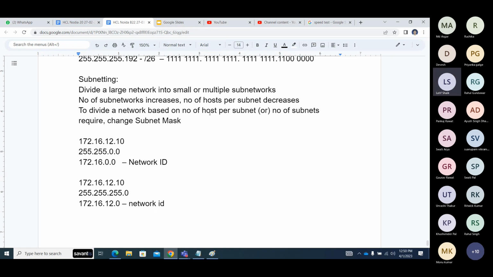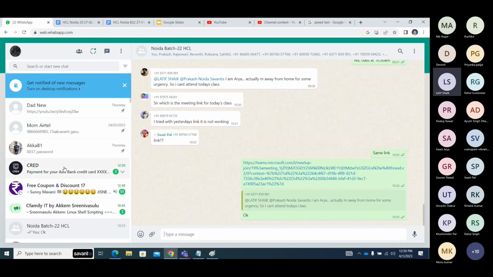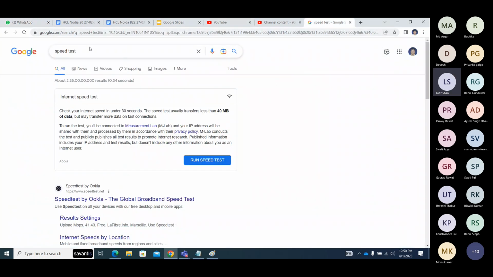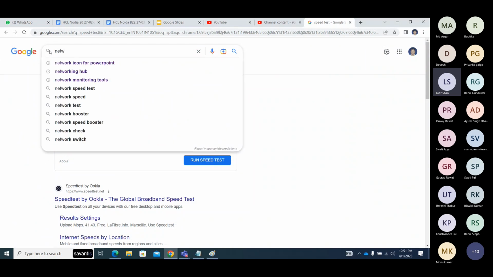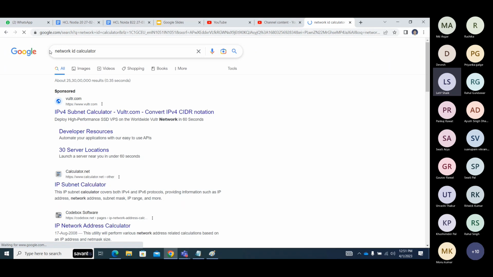If you have a doubt, use a network ID calculator. Usually a subnet mask calculator is there.